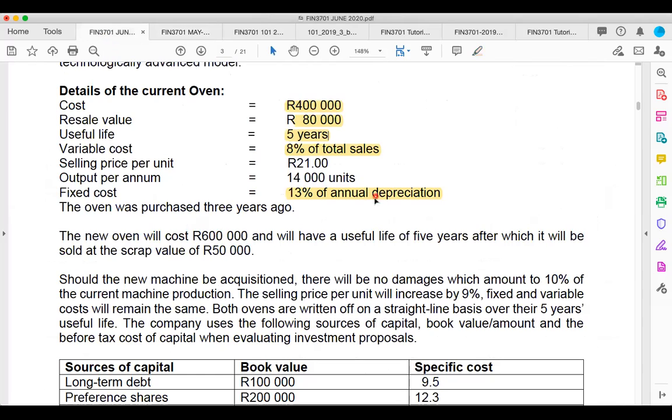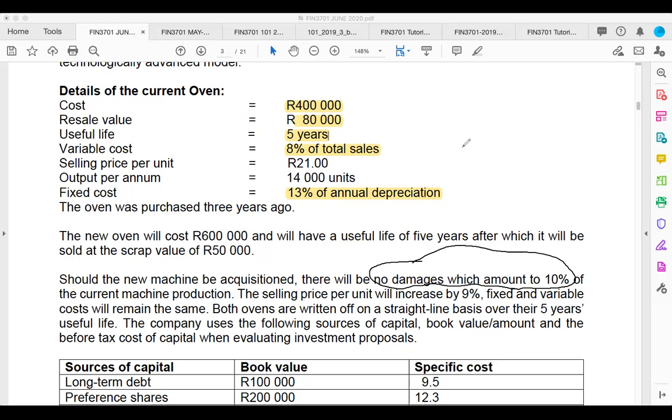We would then use the same approach for the new oven, but for the new oven, it would be slightly different. They changed things a bit. The lecturers wanted you to think a bit, so there was some thought here. We were told that should the new machine be acquired, there will be no damages, which amount to 10% of the current machine production.